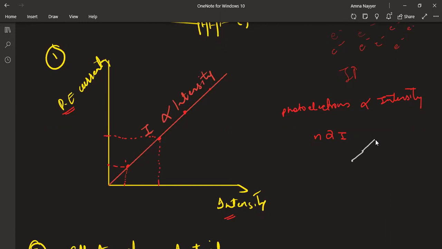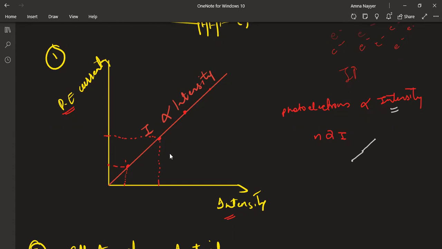Then again, you have increased intensity, photoelectrons will also increase. So as the number of photoelectrons getting ejected will be directly proportional to intensity. If you increase the intensity, amount of photoelectrons released will be more. So photoelectric current will be more because ultimately these photoelectrons are only making up your current. So that's why we have a linear relationship.